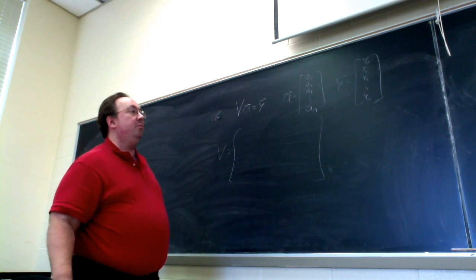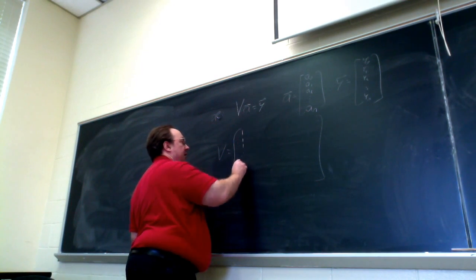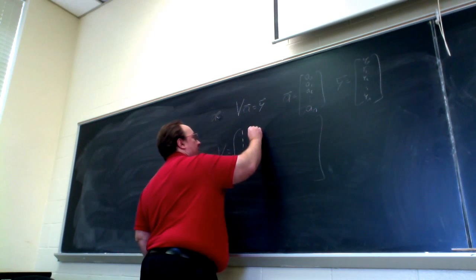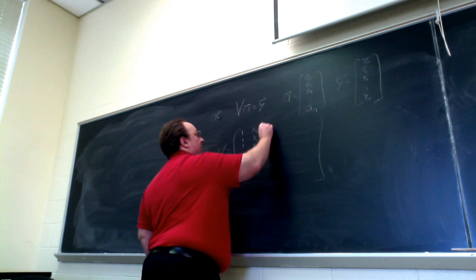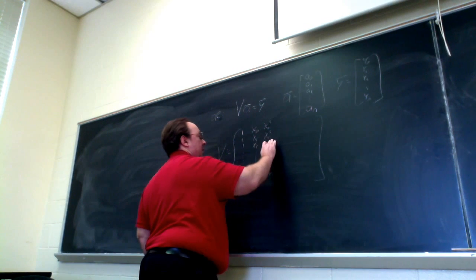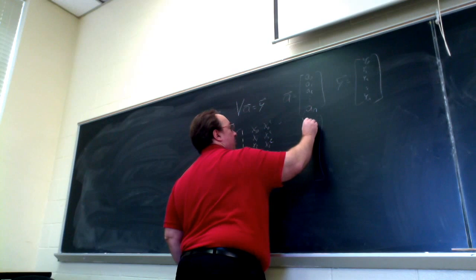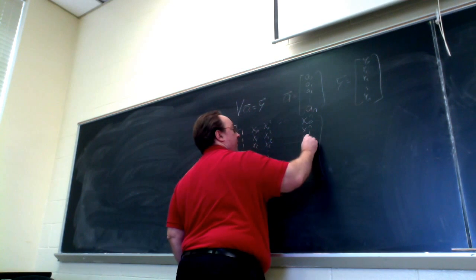So the first column is going to be all 1s, because that's what was multiplying a0. And then the second column are all the x values. And then the third column is all the x values squared. All the way down to the last column, which is all the x values to the nth power.